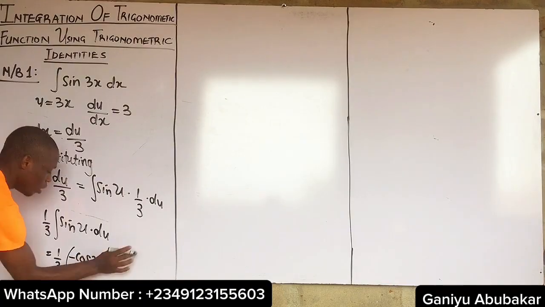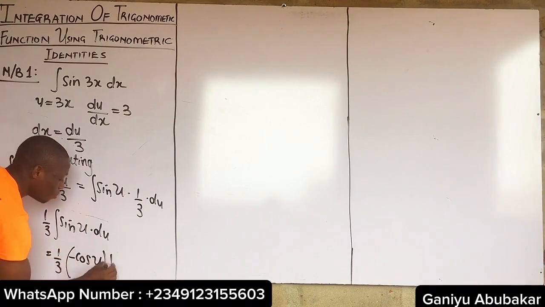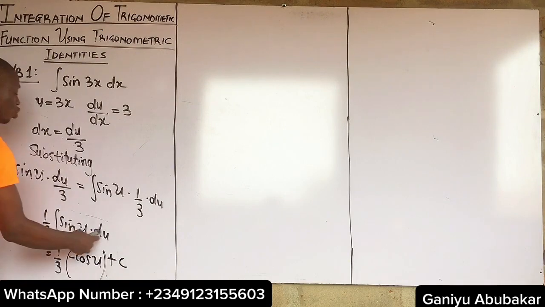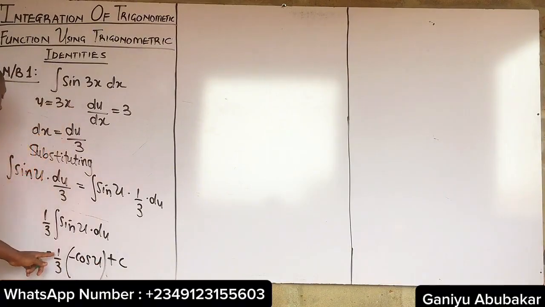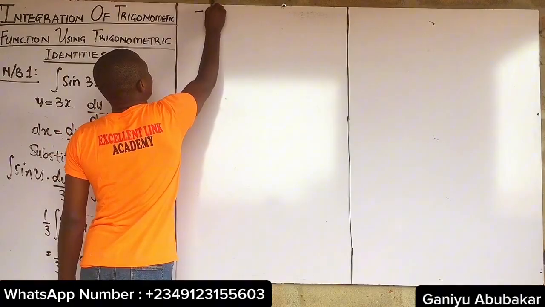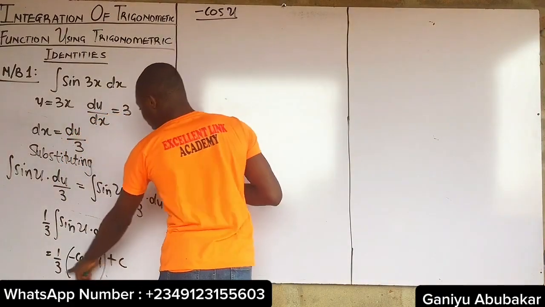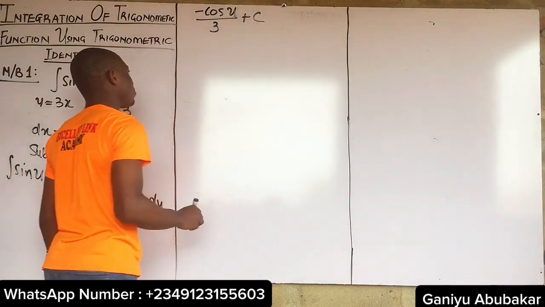Next up, I'll have plus c. Integrate sine u with respect to u, I'll have minus cos u, and add plus c to it. That plus c is a constant. At this point, 1 times minus cos u, I'll have minus cos u all over 3 plus c.